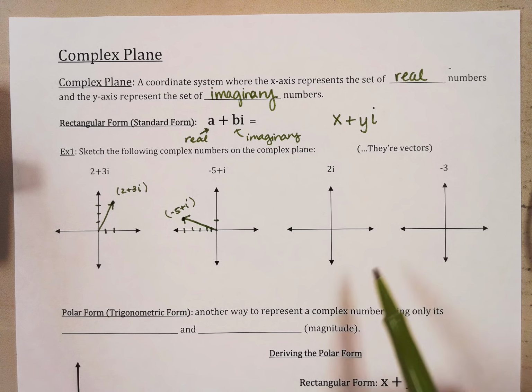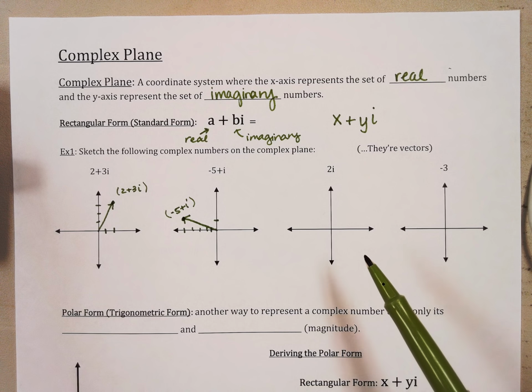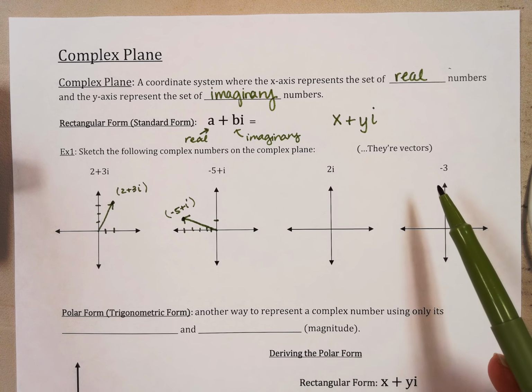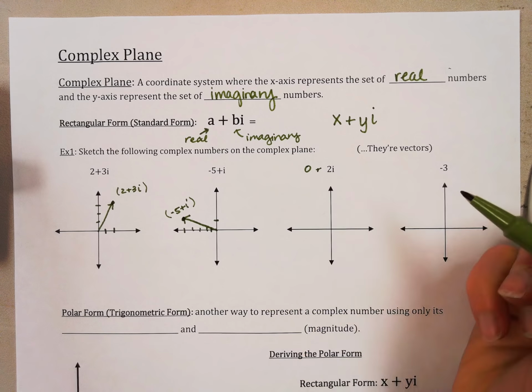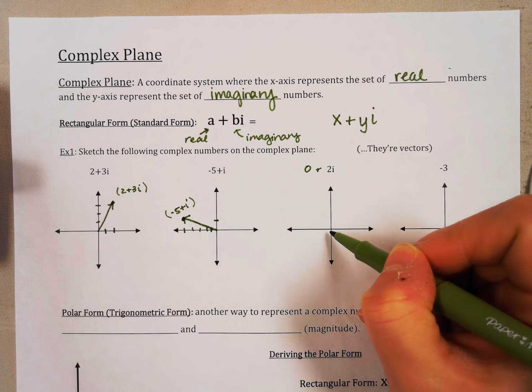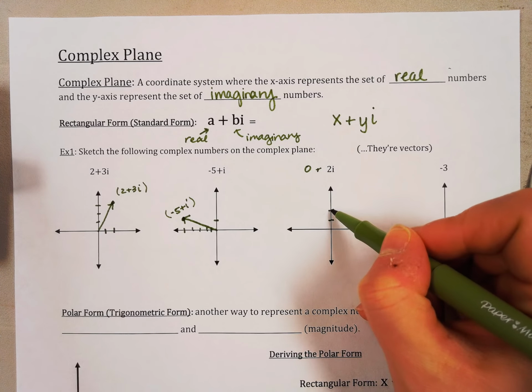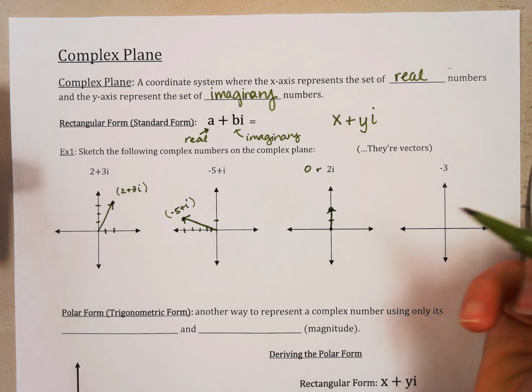These two look a little bit trickier because we don't have an x value here, we don't have a y value here, we're just dealing with one number, but we're going to treat it the same way. This is like 0 plus 2i. So we're 0 on the x-axis, 2 on the y-axis. That would be our plotted point. This is our vector plotted from the origin.